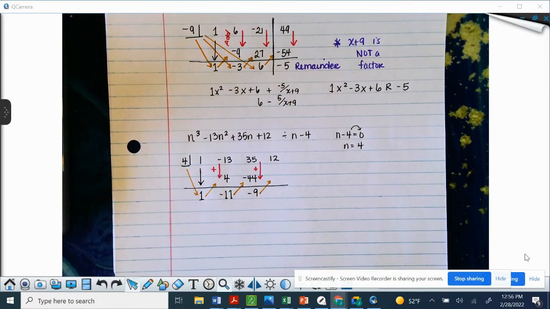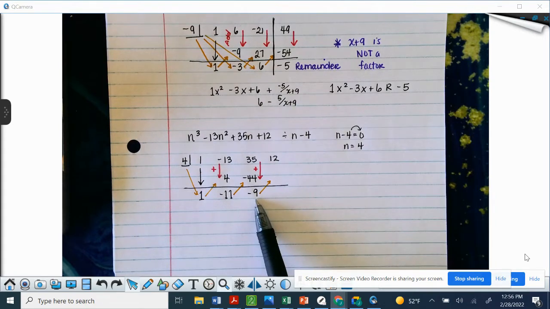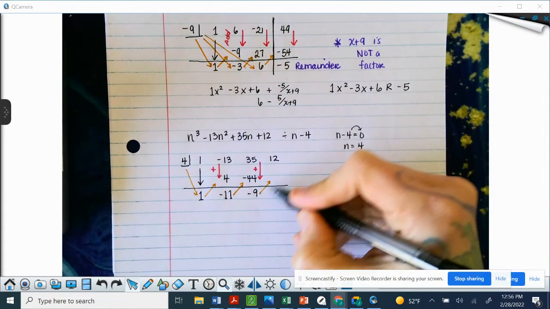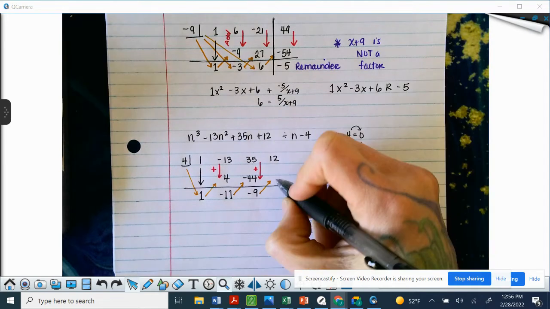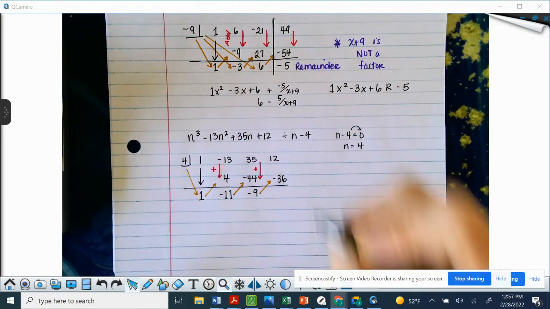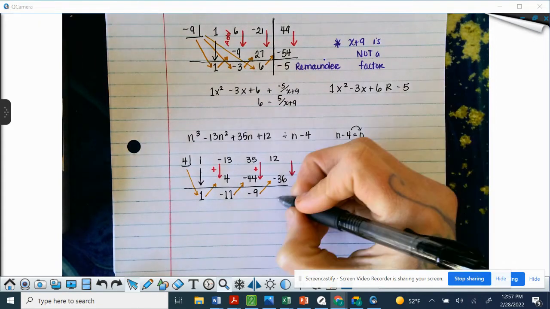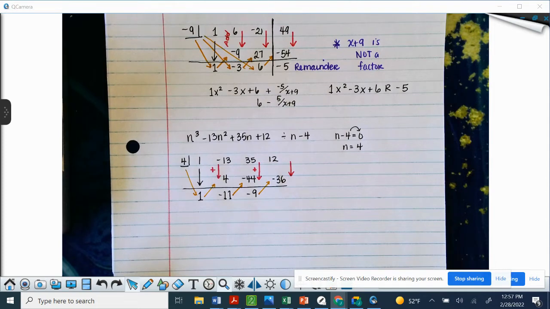Hey, we got a comment. It says, wouldn't it be a negative 9? Yep, it is negative 9. Did I say positive 9? I'm sorry. I wrote negative. Yes. Good call. 4 times negative 9, bounce, is going to be negative 36. Then we're going to work straight down again. Add. So 12 plus a negative 36 is going to give me a negative... Ms. Sigmund? Yes, sir. Maybe it's just me. You added the negative 13 and 4, right?